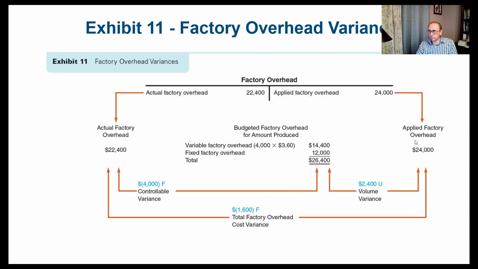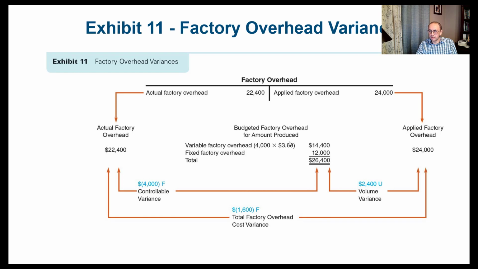So let's try to analyze the reasons between the actual factory overhead versus the applied factory overhead. Remember, the applied factory overhead is 24,000, and that's always recorded on the credit side. The actual factory overhead would be recorded on the debit side, and that's 22,400, which is less than what we have applied. In the middle here, we can calculate the budgeted factory overhead for amount produced, which is based on the 4,000 hours.